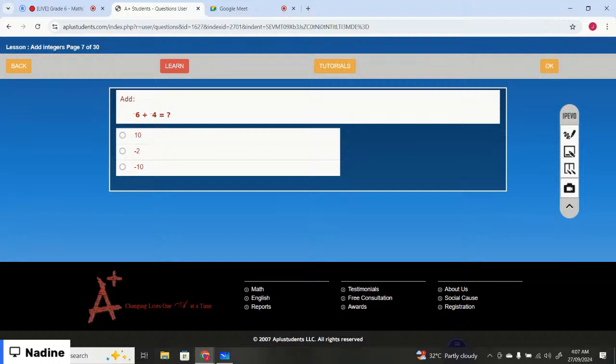That is negative 10, right? You need to add them. Yes, with a negative sign. Very good. That is negative 10. Option number 3 is the correct option.